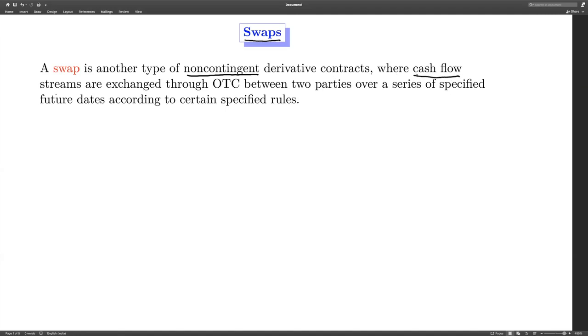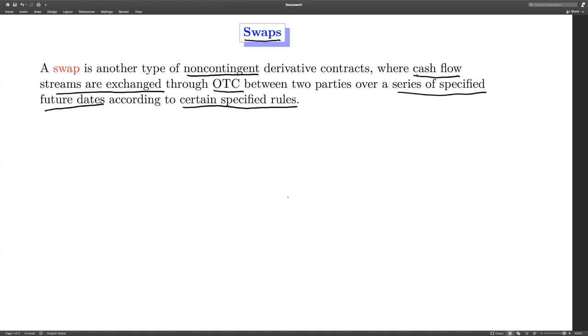Swap is a particular type of derivative contract where cash flow streams are exchanged through the over-the-counter market between the two parties over a series of specified future dates, because you have the cash flow. Therefore, the cash flow has to happen in a series of dates, and these dates are in the future. There are also certain rules involved depending on what kind of swap they are taking, and also what kind of underlying asset is generating the cash flow.